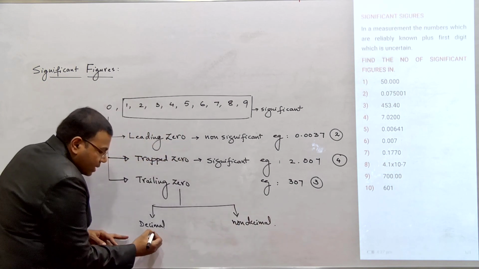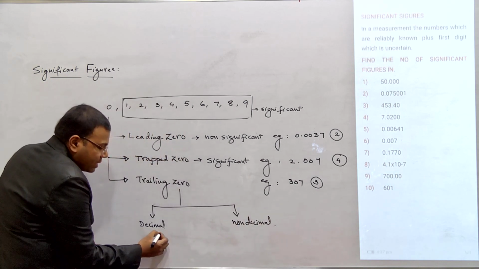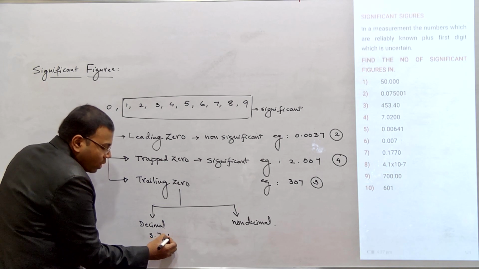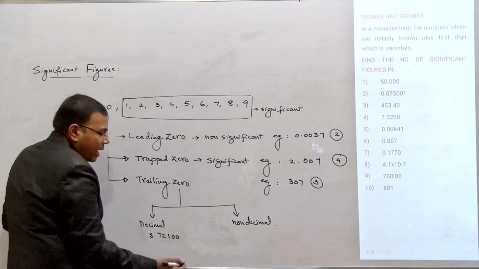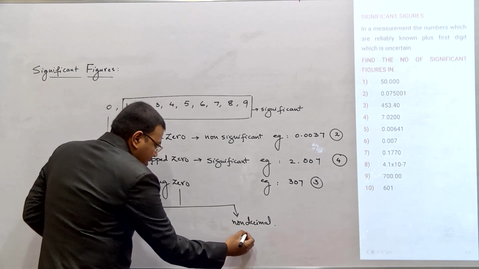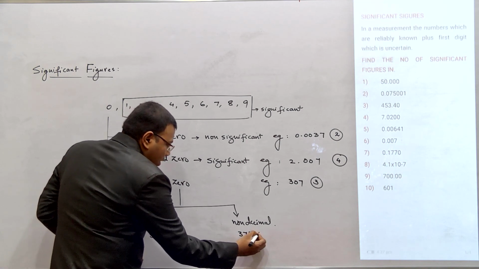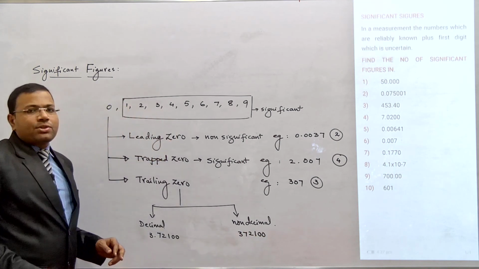Just for example, 3.72100, and here I will take 372100. An example I am considering, just an example.